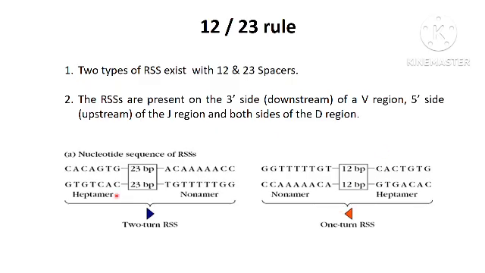That means RSS of the same type cannot come closer and they cannot help in recombination. Like a 23 base pair RSS and a 23 base pair RSS from another gene segment cannot combine together. So one gene segment with 23 base pair can only combine with the other gene segment with 12 base pair.